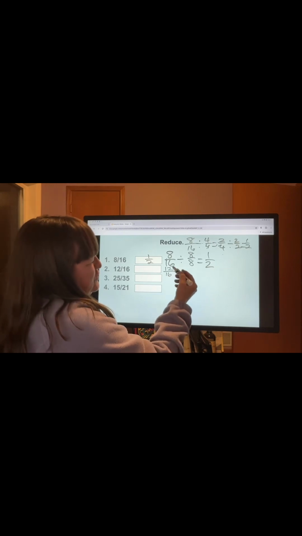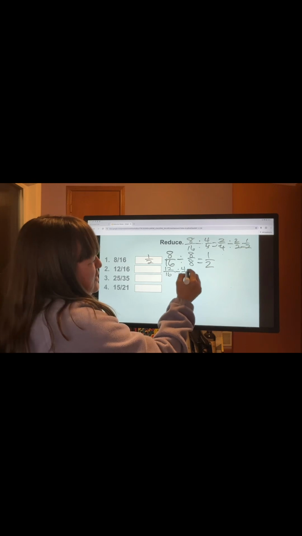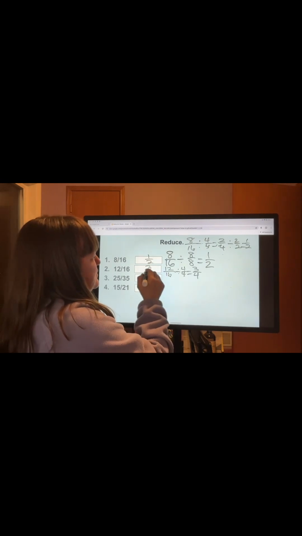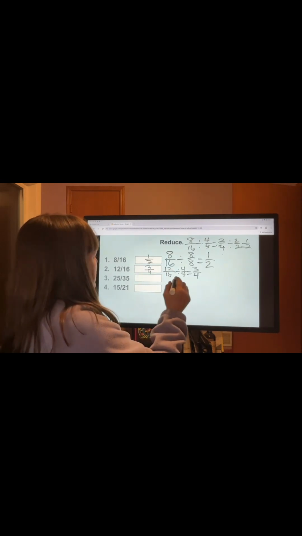All right, 12 over 16. You know for sure 2 goes in there, but I know 4 also goes into both of these numbers. So 4 goes into 12 3 times, and 4 goes into 16 4 times. 3 over 4. Then you have 25 over 35. So I'm assuming it's going to be 5.